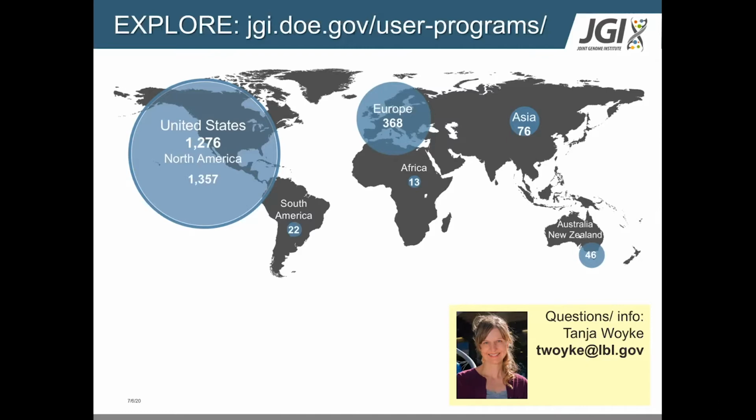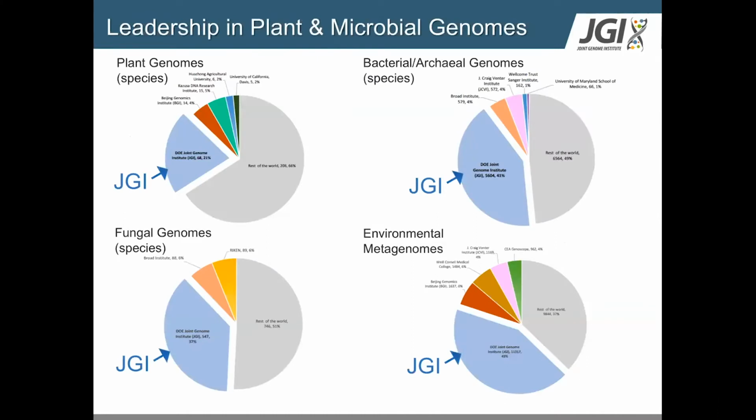Okay, so under the auspices of all these user programs, JGI has generated a lot of data. And what you're seeing here is JGI's contributions to public databases. You'll see a significant piece of the pie, both in terms of plant genomes and microbial genomes, are contributed by the JGI.